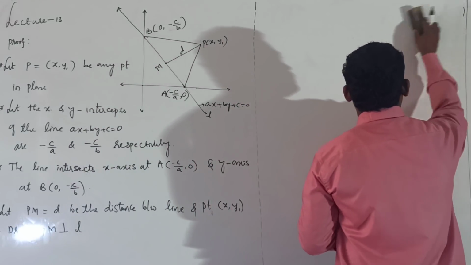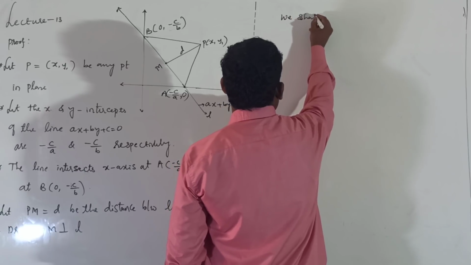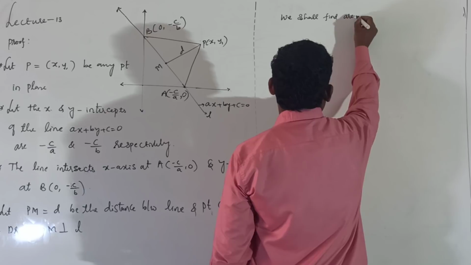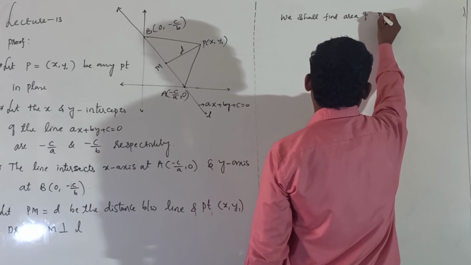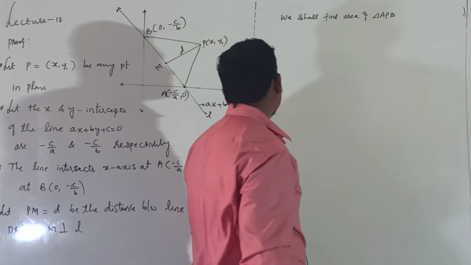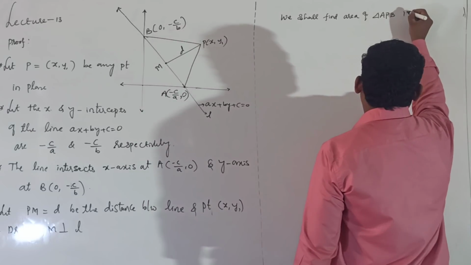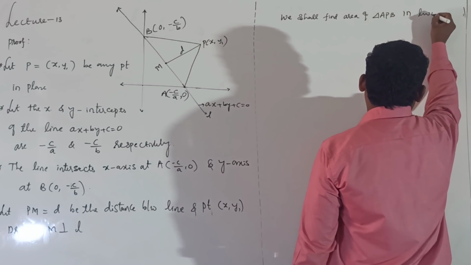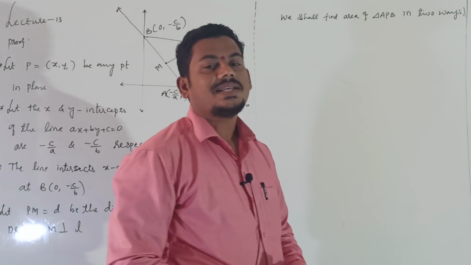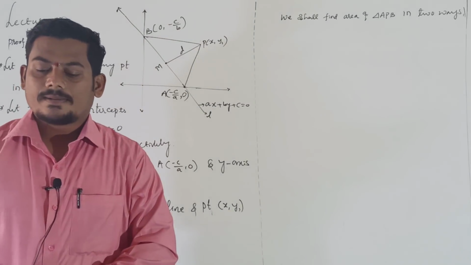Next, we shall find the area of triangle APB in two ways. We can evaluate the area of this triangle APB in two different ways, right?